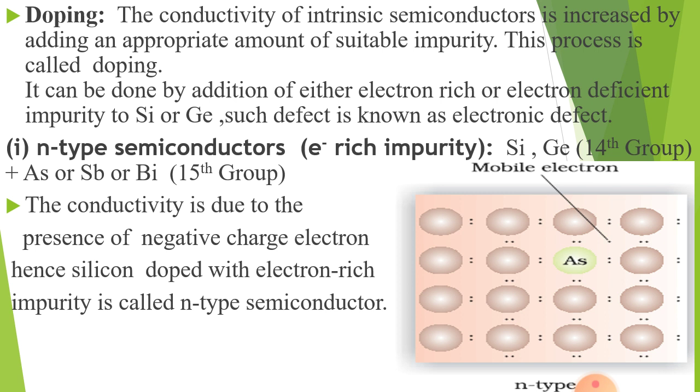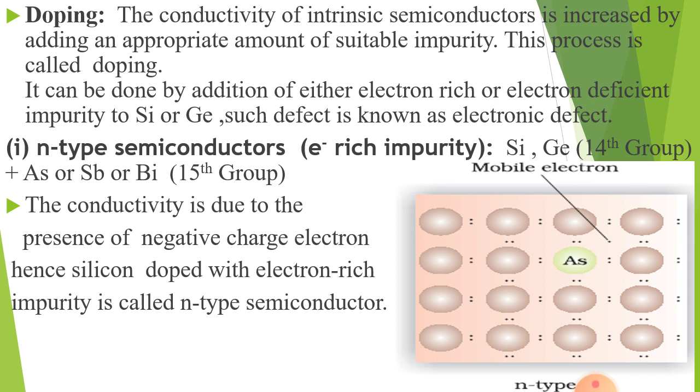As you know, semiconductors do not show conductivity at low temperature range, but we make them conductors on introducing a small amount of impurities. And now this type of semiconductor is known as extrinsic semiconductor.